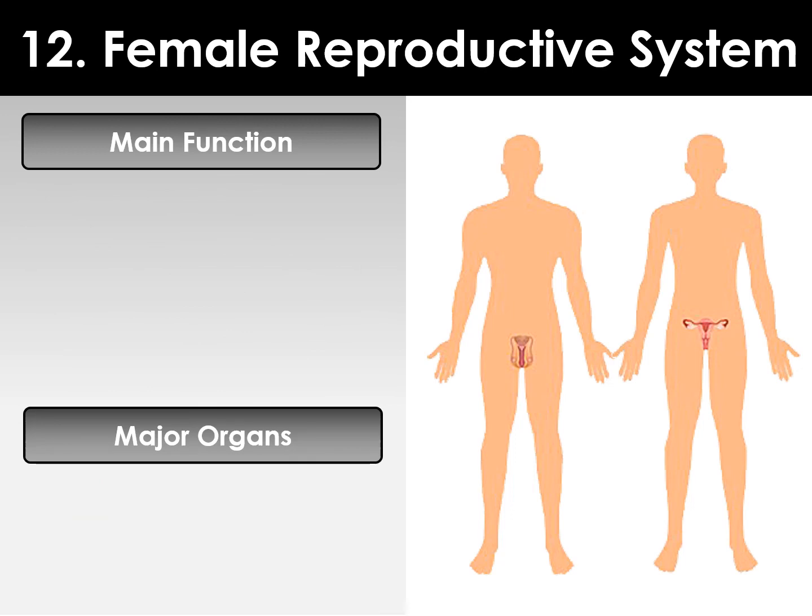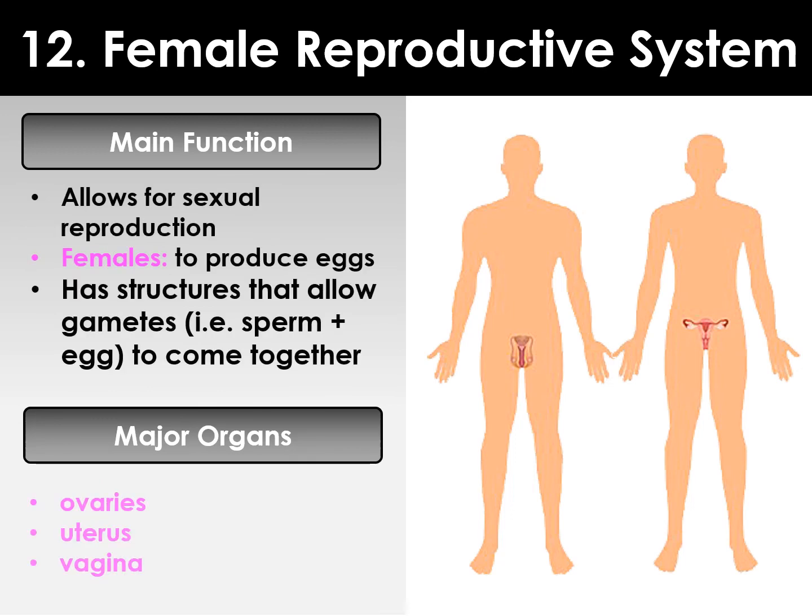And finally, our female reproductive system, which is represented by the figure on the right, allows for sexual reproduction and for the production of offspring. The female reproductive system functions to produce an egg, and it has specific structures that allow for sperm and egg to come together. So the major organs in the female reproductive system are the ovaries, the uterus, and the vagina.